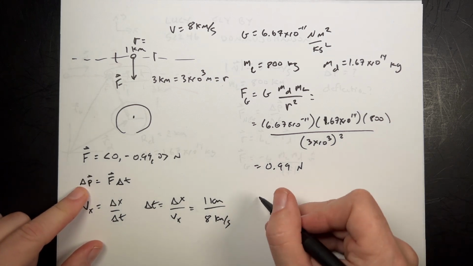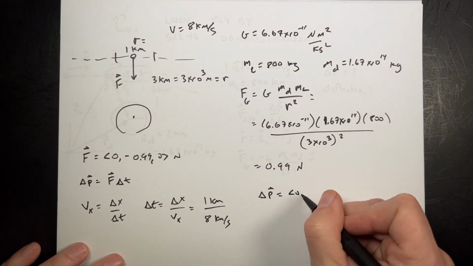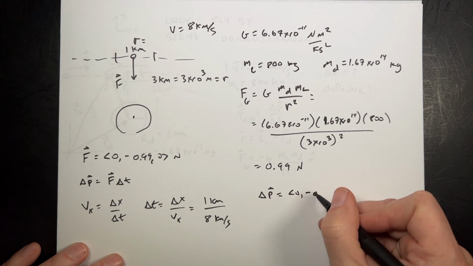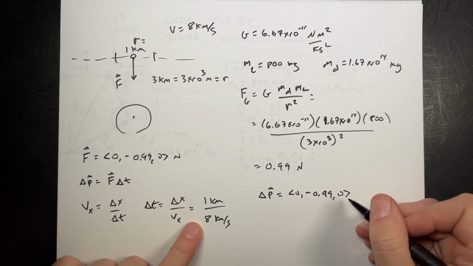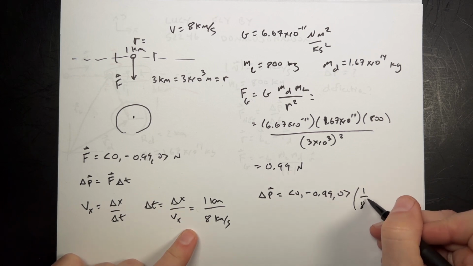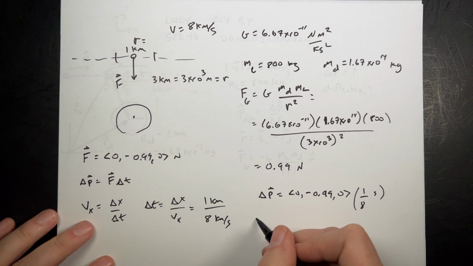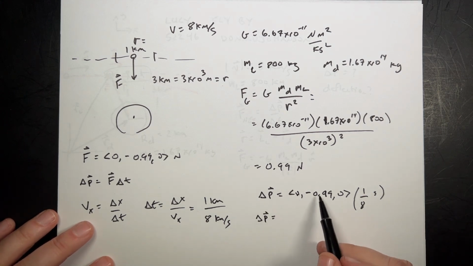I can find delta p. Delta p is going to be the force, 0, negative 0.990 newtons, times delta t, which is 1/8 seconds. All I have to do is divide 0 by 8, this by 8, that by 8. So I only have to do that middle one.